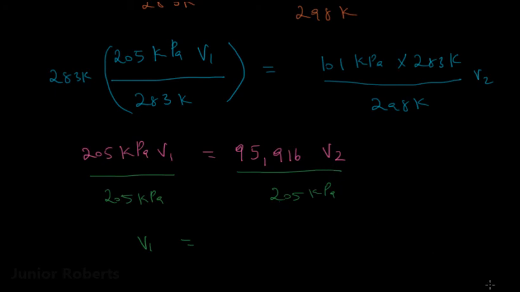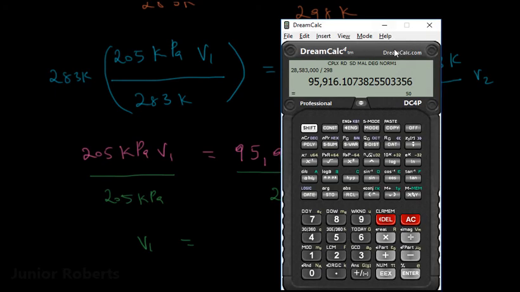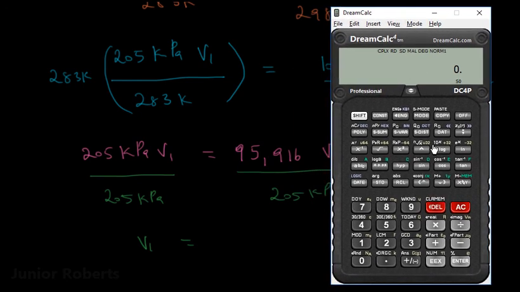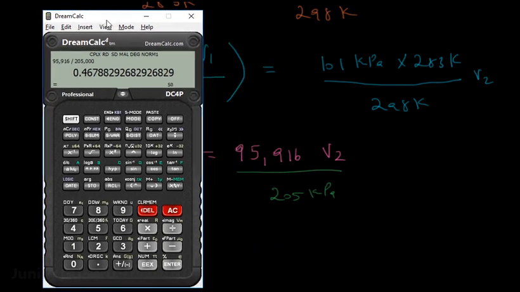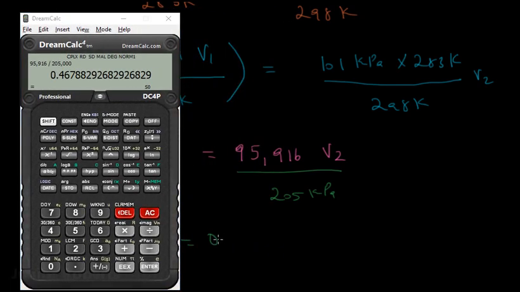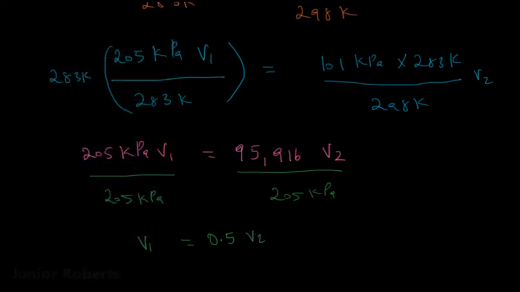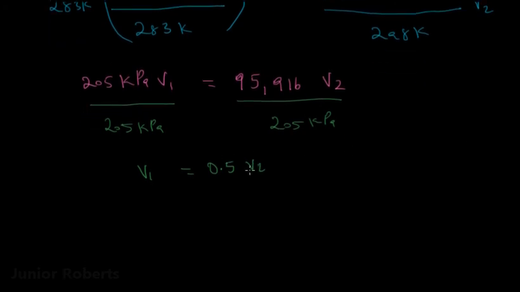So I can take my calculator and I will say 95,916 divided by 205 kilopascals, and that gives me an answer of approximately 0.5 V2. Right, so what we're seeing is that V1 is equal to half of V2.